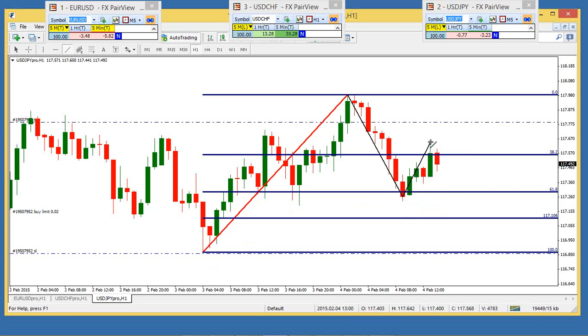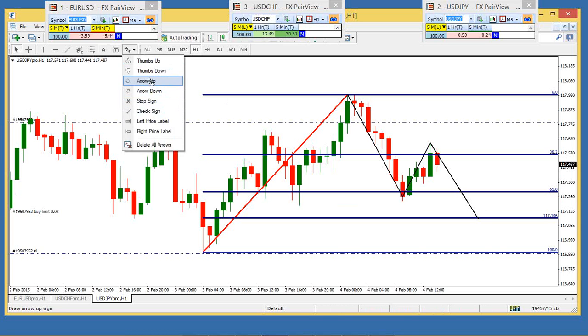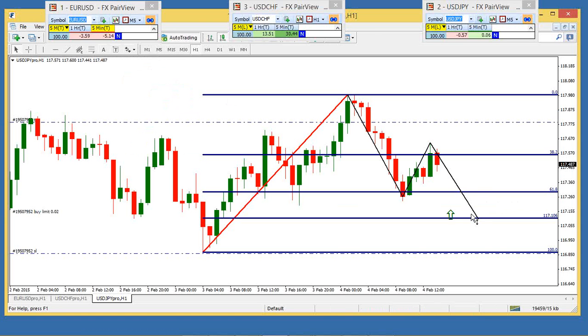You need B to retrace and end between 38.2 and 88.6% of A, which it has. And then when you get what we call a C correction coming down to the 78.6 level, the 78.6 is what we would call our trigger zone or our trigger level.